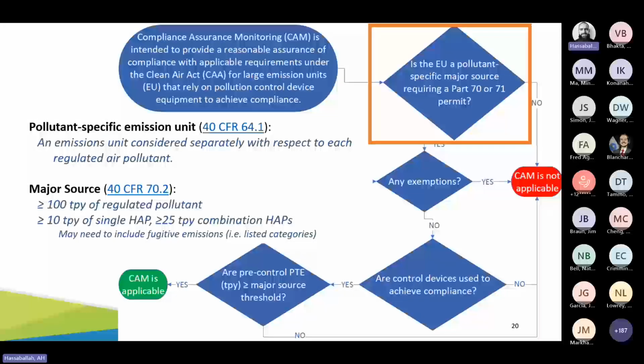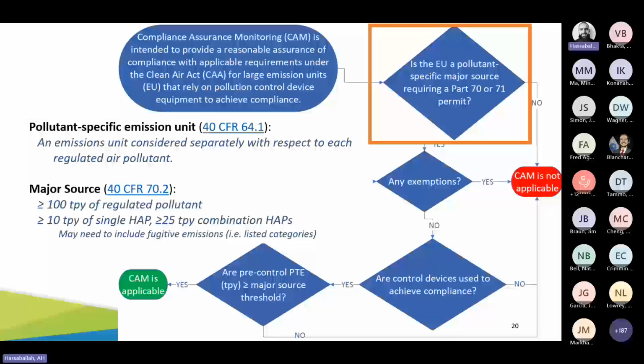Nonetheless, the major source threshold could still be something different than 100 tons per year. For example, for major sources under section 112, the threshold would be greater than 10 tons per year for a single hazardous air pollutant, or 25 tons per year for a combination.